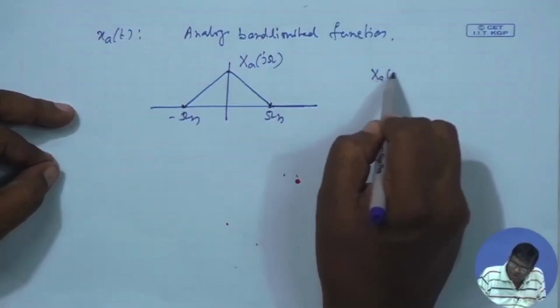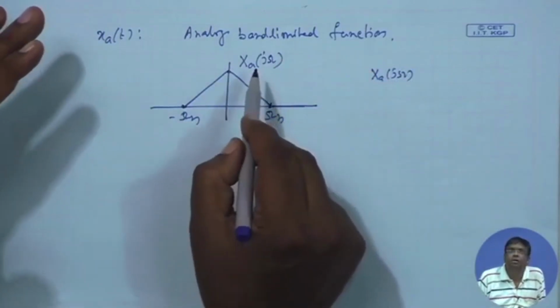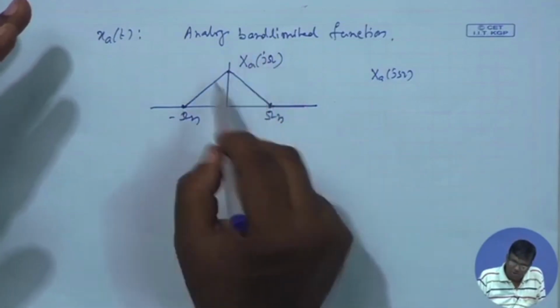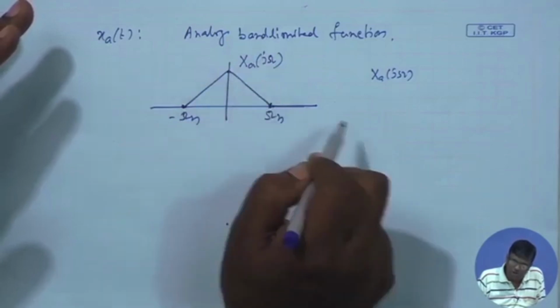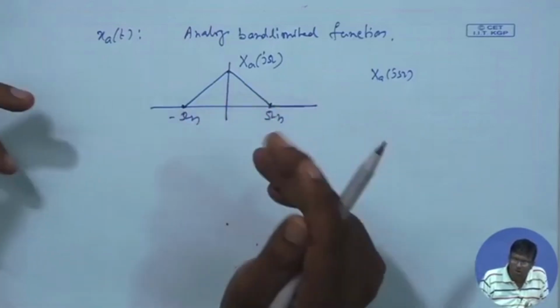Again I tell you, I am plotting a complex function versus capital omega. For correct plotting, I should take the magnitude versus omega and phase versus omega. But for explaining the logic I am building up, plotting like that is okay. Technically, mathematically it is not correct, but as far as conveying the information is concerned, you can get all that information from here only. If you plot magnitude and phase separately, the same logic will hold good.